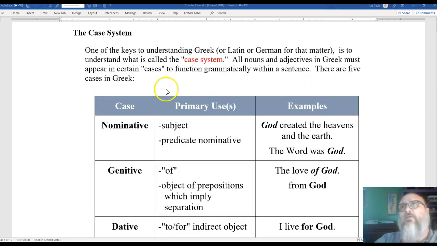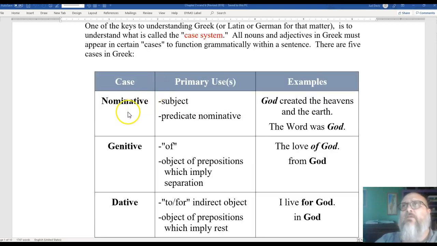What is the case system? Well, the case system is where you put nouns in what are called cases, and the nominative case determines the subject of the sentence. Now, in English, the subject of the sentence is determined by word order.